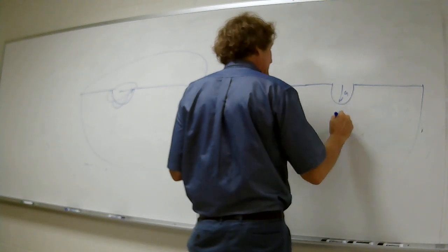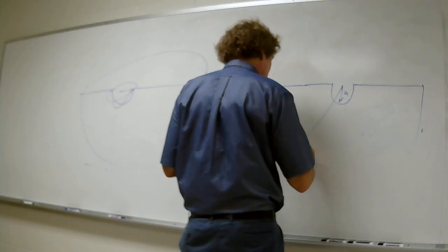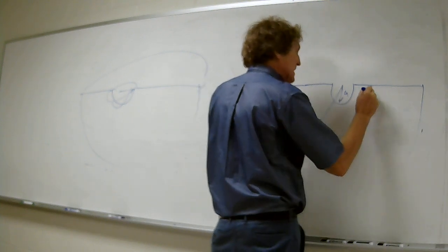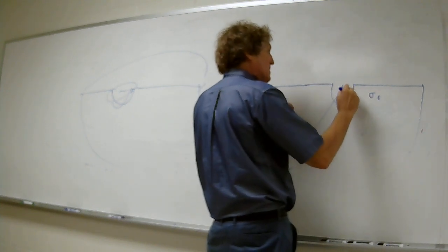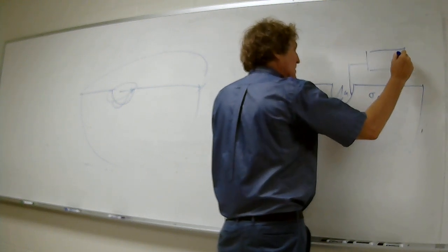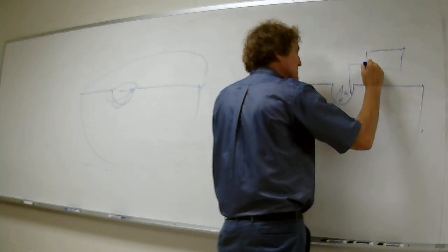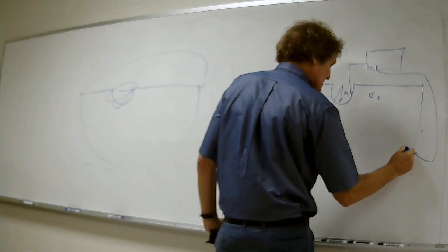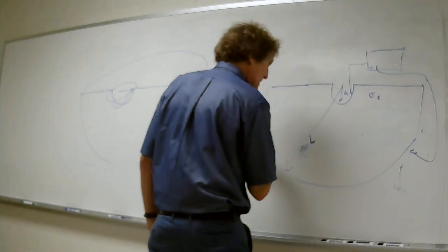Inner radius A, outer radius B here, but I'm going to call it all constant. And I'm going to say it has sigma naught. And I want to know what the resistance is. If this was a meter, I want to know what resistance it would measure from the outer surface, we might as well ground that, to the inner surface.